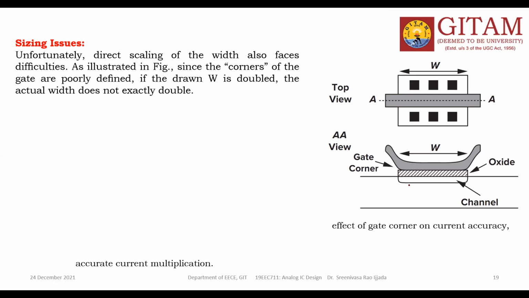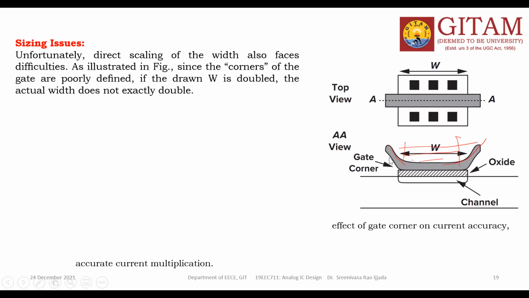So here, W is not like this. It is getting like this. You are getting smooth corners. Because of the smooth corners, W is not the same at several places.